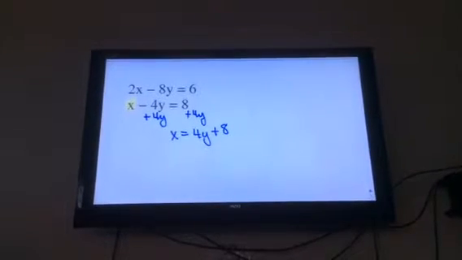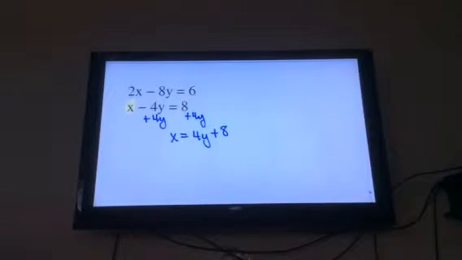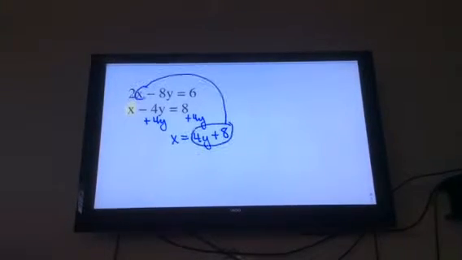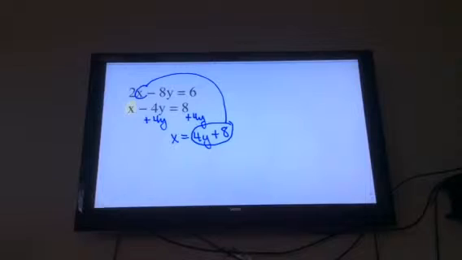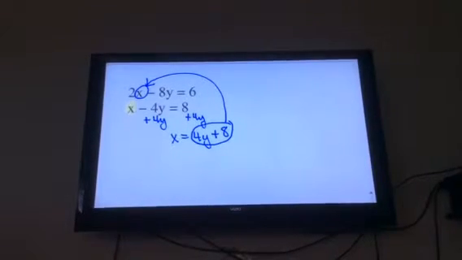Then I'm going to plug this into the other equation for x. So x equals this expression, so it's going to go into the other equation for x.